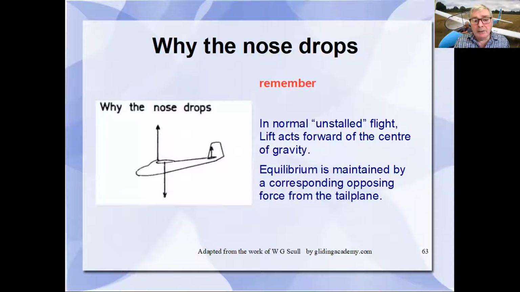So if you remember, in a normal unstalled flight, the weight is acting down, the total reaction from the center of pressure is acting up, and it's forward of the center of gravity. And the tail plane is acting upwards in order to keep the whole thing in equilibrium.